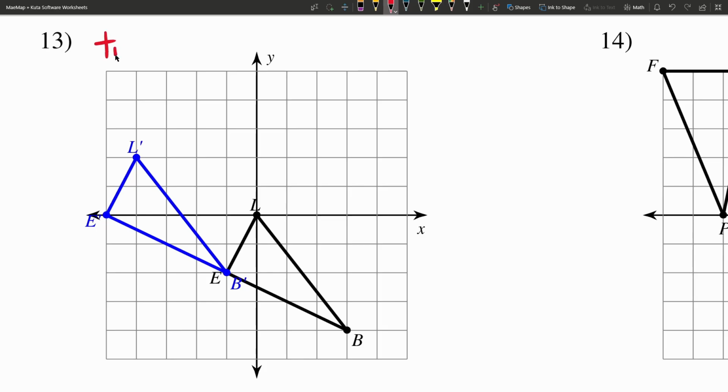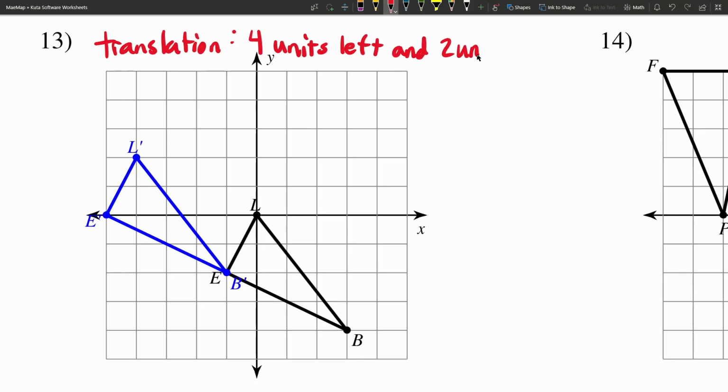So this is going to be a translation of 4 units left and 2 units up. Again, let's double check. Looking at B, we're going to move 1, 2, 3, 4 units left and 1, 2 units up to get to B prime.